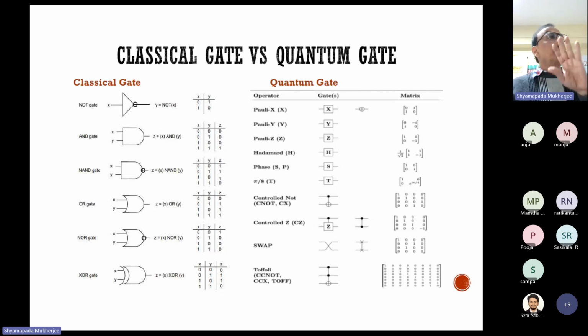There are many types of gates. Why? Because you know that a quantum gate is a unitary matrix, a 2 cross 2 unitary matrix for a single qubit gate. In a 2 cross 2 matrix there are 1, 2, 3, 4 entries, and they can be any number. Any unitary matrix can form a quantum gate, so there are many options available to us.